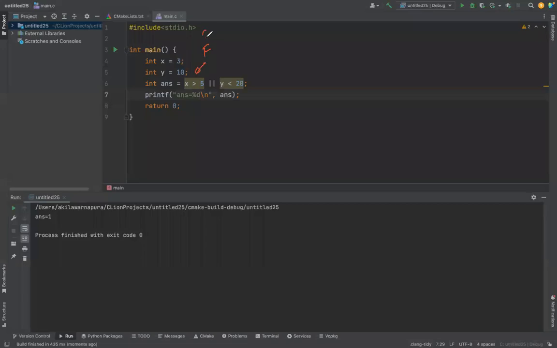That means 0. And the OR operator, y less than 20. Yes, y is less than 20. The condition is true. True means it is 1. The OR operator means if one side is true, then the output is true. That is why the answer is 1, because the right side is true. If the left side is also true, the answer is 1. If both sides are true, then also the answer is 1. If both sides are false, then the output is false.